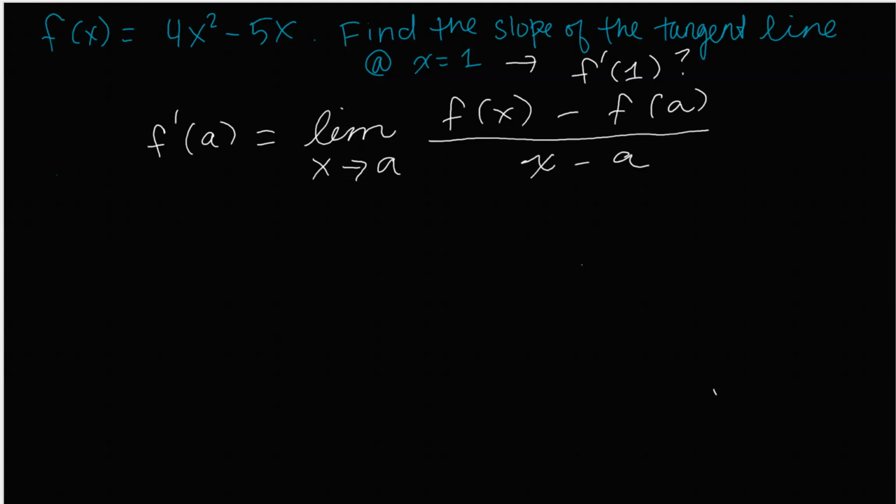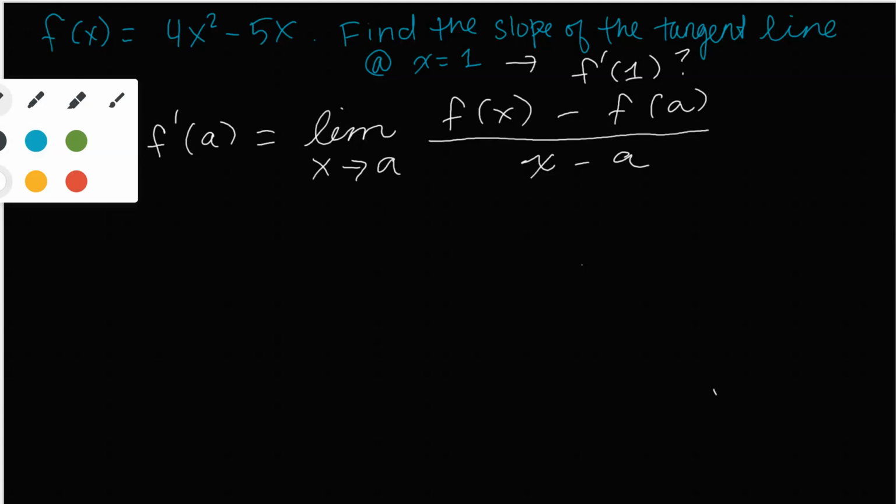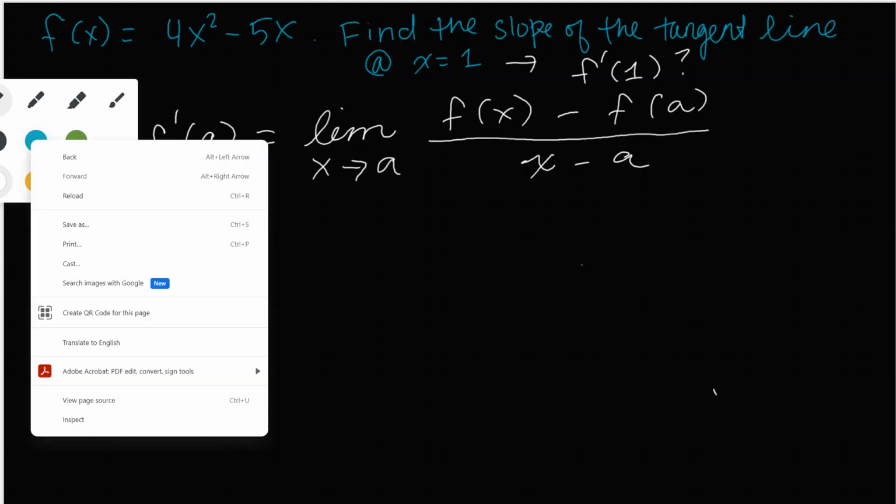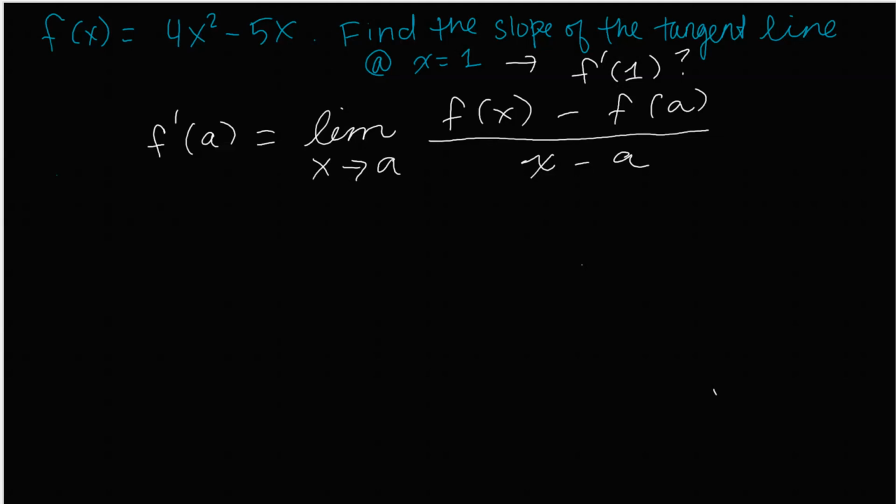Okay, so this is the derivative at a given point a. In this problem, we are looking at the derivative at x equal to 1. So we are really looking for f prime of 1.